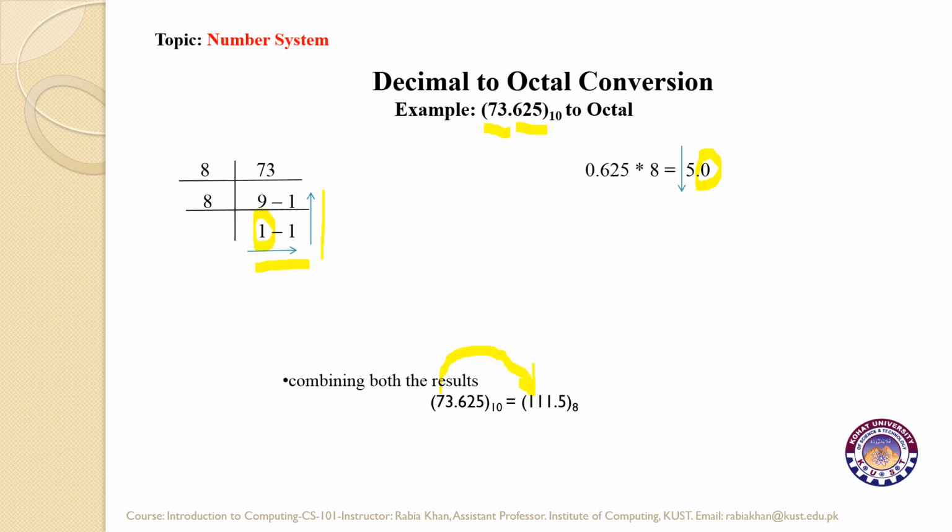So 73 is equal to 111, the point remains the same at its place, and 0.625 is equal to 5 here. We had written the answer in top down manner. So 73.625 in base 10 is equal to 111.5 in base 8.